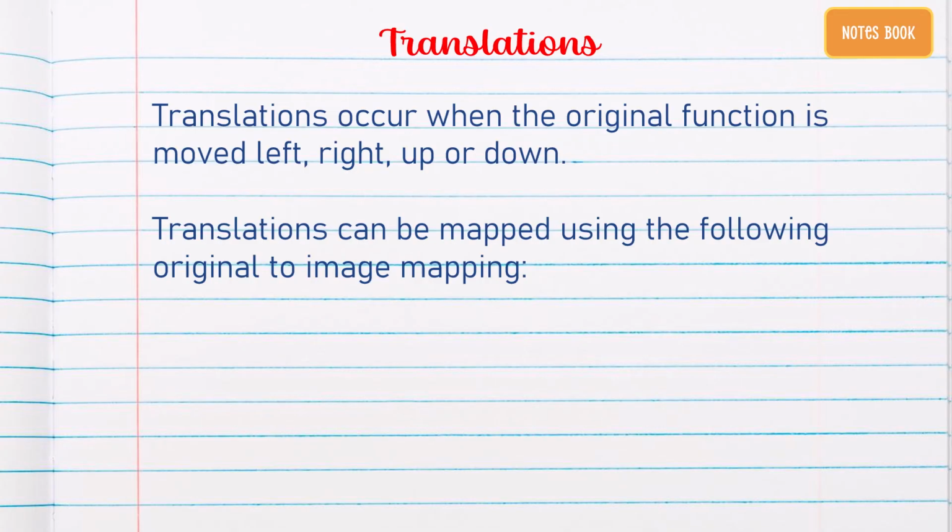Now, translations are that movement of your graph. We're not changing the shape of the graph. We're not stretching it or reflecting it. We are quite literally just moving it left, right, up, or down on your axes.